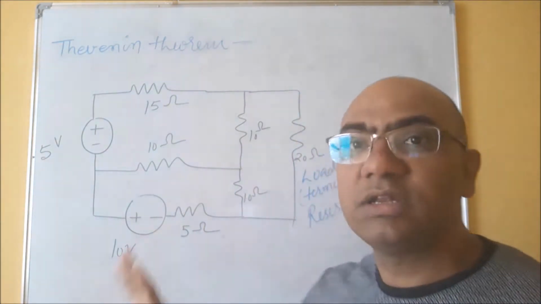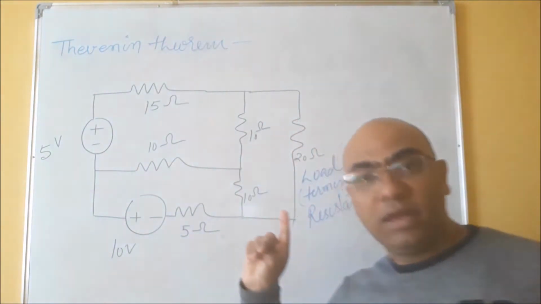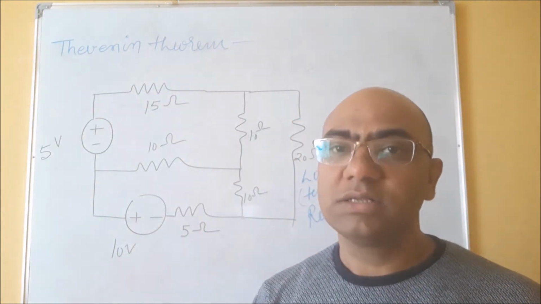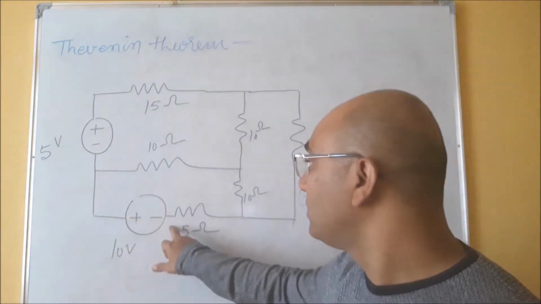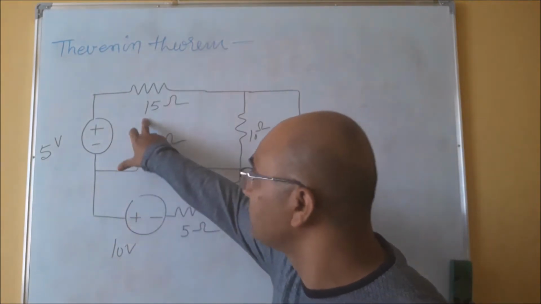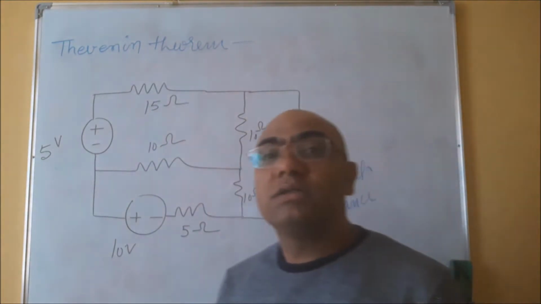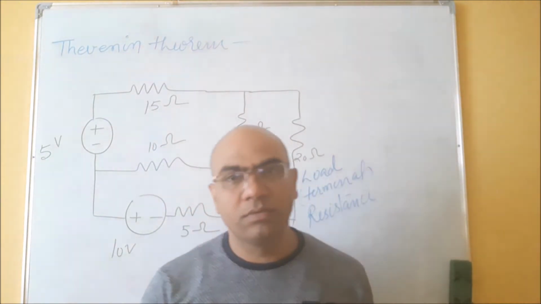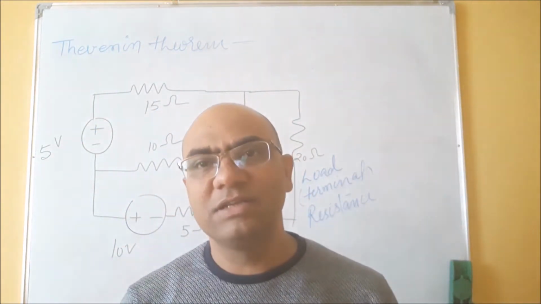It is not necessary to take the outer resistance as the load resistance. It depends on the numerical, on the question which is asked. You can take any resistance as a load. The procedure to solve using Thevenin theorem will remain the same, which we will see later.